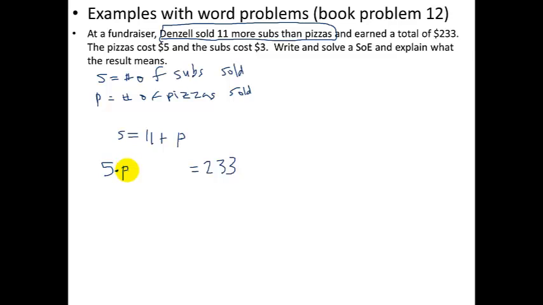Like if I sold 10 pizzas, I would get $50. And then I have to add to that all the money that I earned from selling subs. But the subs cost only $3. So I can do 3 times the number of subs that I got, and the number of subs was S. So 5P, that's the money from pizzas, plus 3S, that's the money from subs, equals a total of 233.